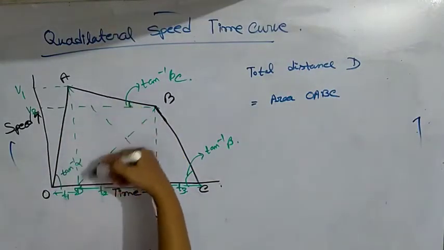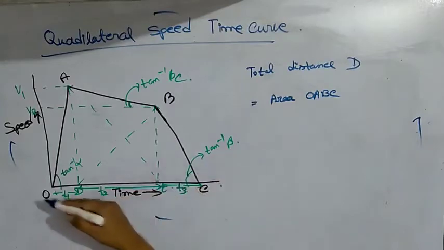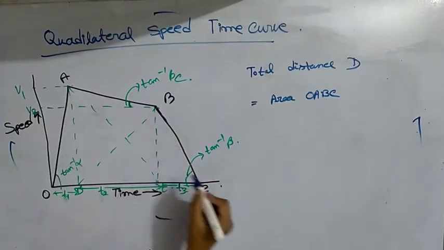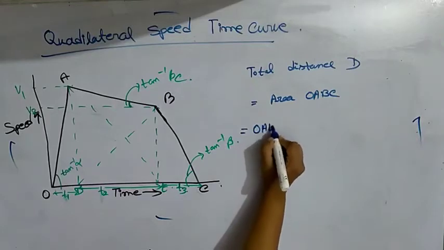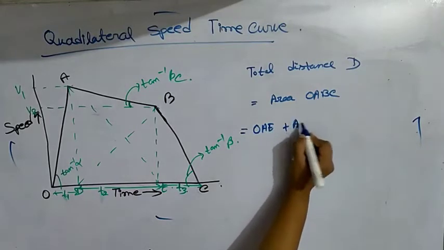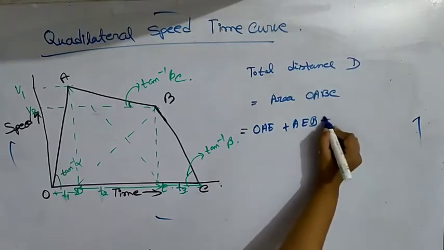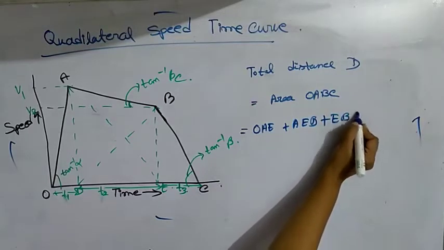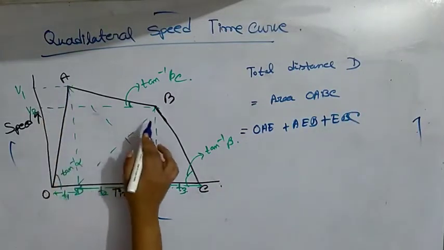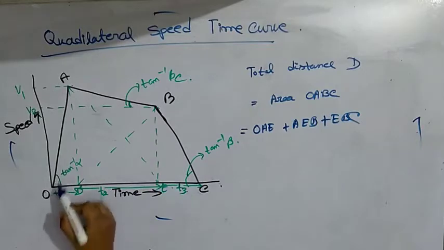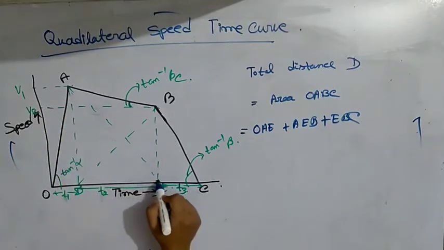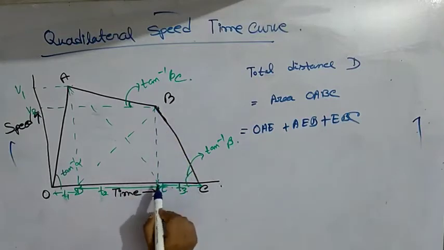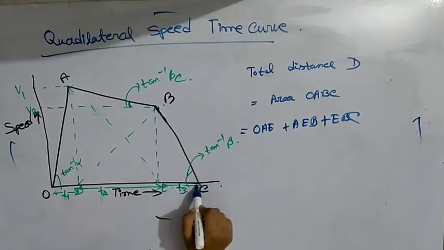So total distance is equal to the area under OABC, and this is equal to OAE plus AEB plus EBC.